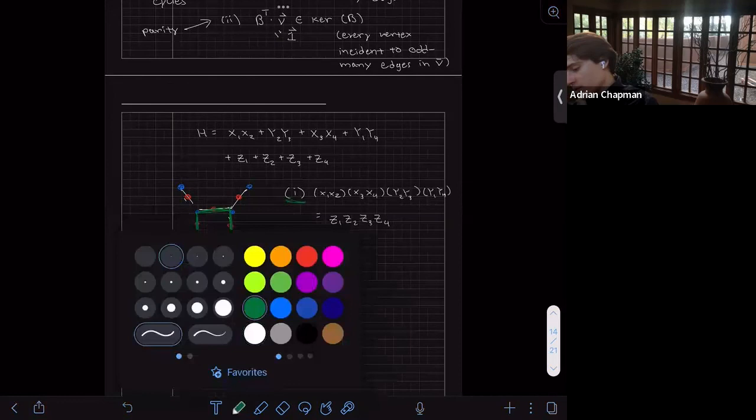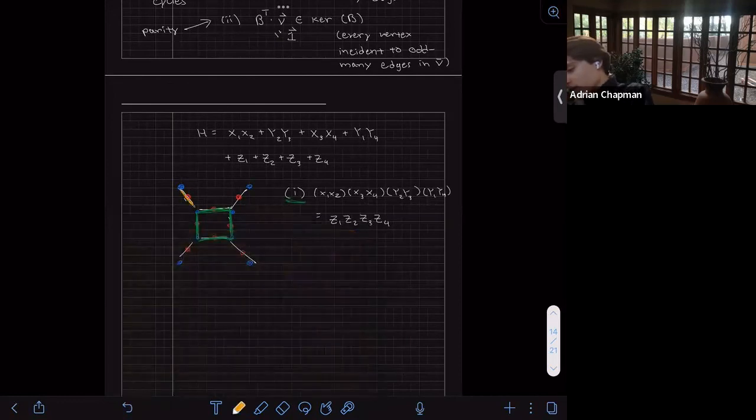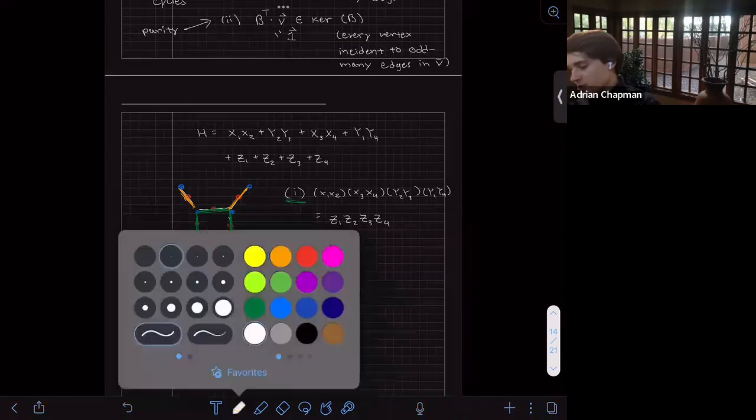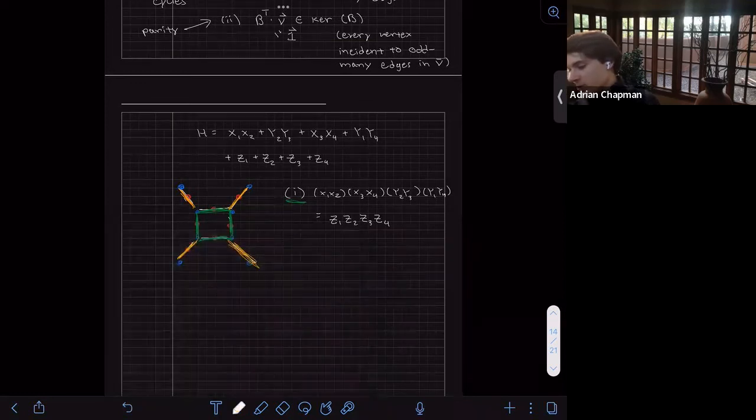The orange product, which I will label in orange, is a subset of edges where every vertex is incident to odd many edges. In fact, every vertex is incident to exactly one edge, and this is actually a perfect matching of the graph. So in this case, it's maybe just a little easier to see what that product is, because that's all the Z terms multiplied. And so that product is Z1, Z2, Z3, Z4.